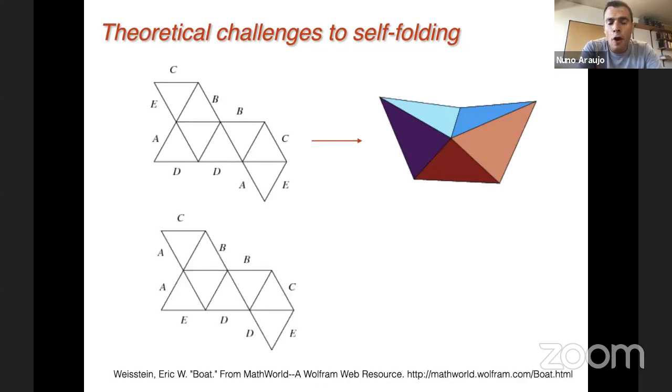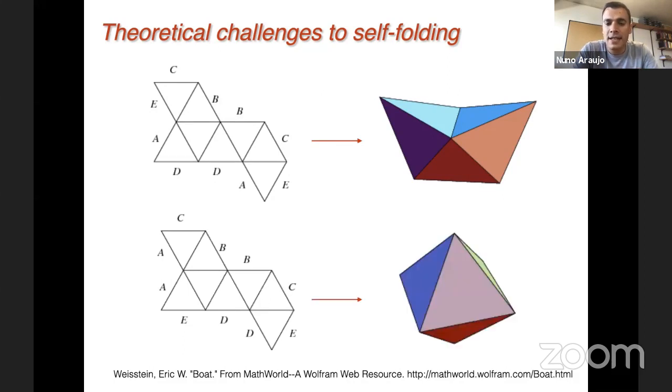But if I now fold the structure in a different way, what I get instead is an octahedron structure. So for the same net, if I bind the edges, the faces, in a different way, then I get a different structure.